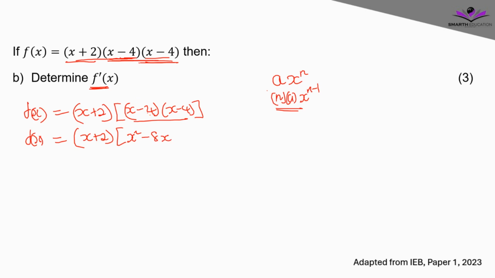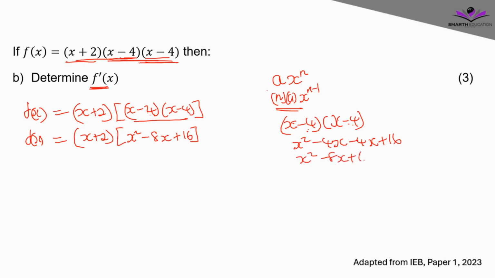Negative 4 squared is positive 16. That's a shorter way of doing it. Remember, you can do it using your FOIL method. X minus 4, x minus 4: x times x is x squared, x times negative 4 is negative 4x, negative 4 times x is negative 4x, negative 4 times negative 4 is positive 16. Then we have x squared minus 8x plus 16, isn't it?